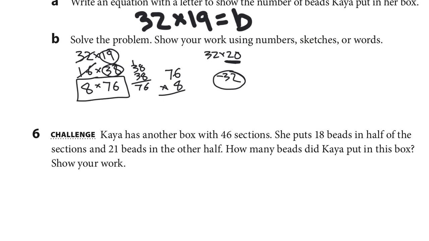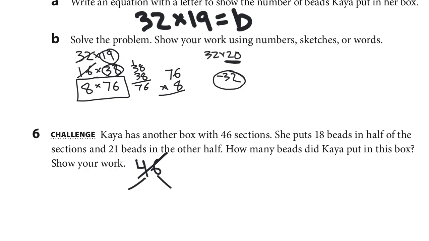Kaya has another box with 46 sections. She puts 18 beads in half of the sections and 21 beads in the other half. How many beads did Kaya put in the box? Show your work. Well, if you have a total of 46 sections, what's half the box?